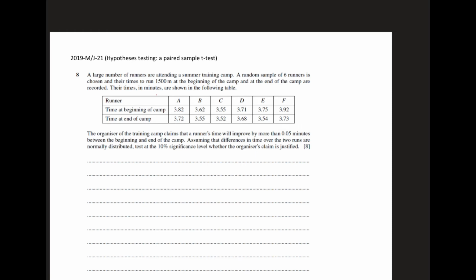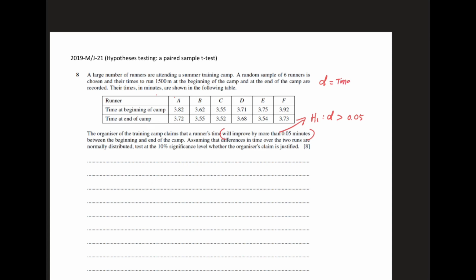This will help us to determine the H1. D is going to be more than 0.05.